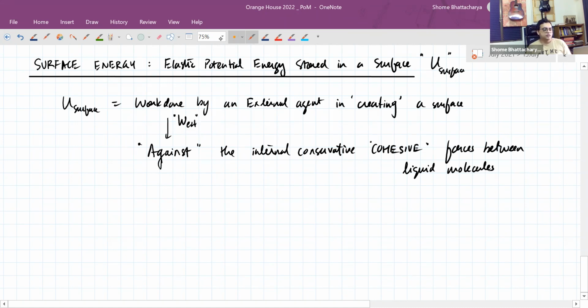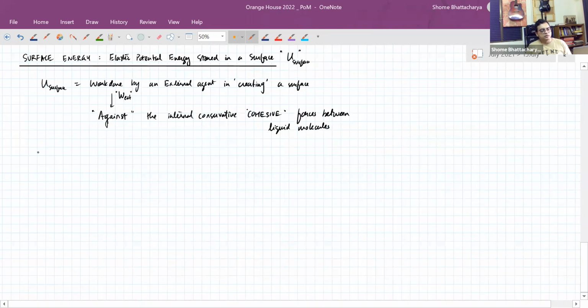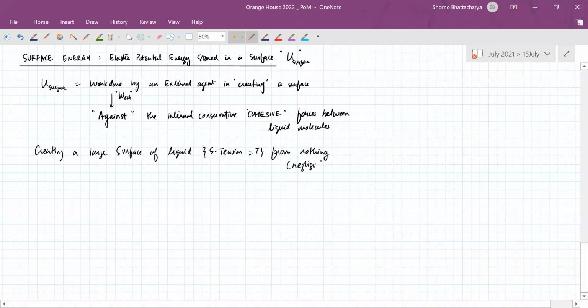as the surface energy. So the best way to derive the formula for this now is to imagine that you're creating a large surface of liquid which has surface tension equal to T, from nothing, that is, negligible surface area.